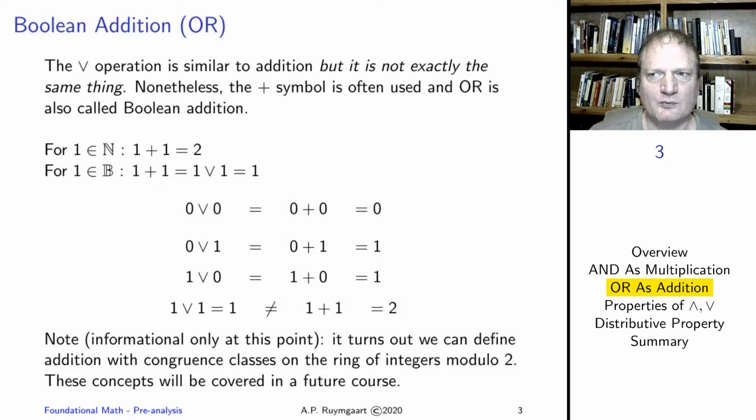So we can see that although we can use the same symbol for the Boolean operation OR as we do in addition of natural numbers, we're not doing exactly the same thing. We're doing something similar, but it's not exactly equivalent.